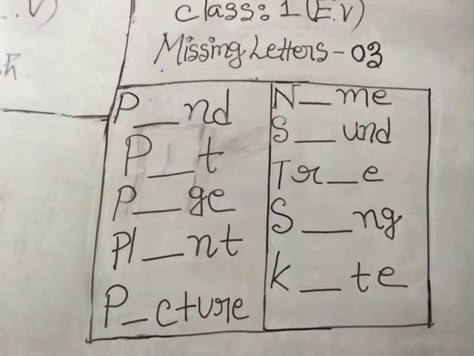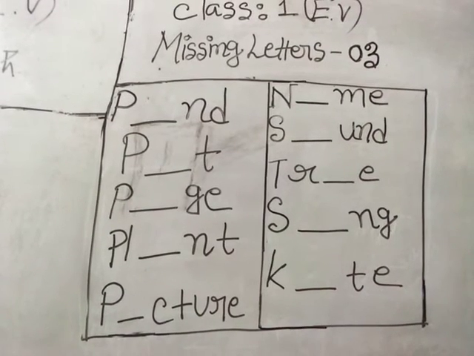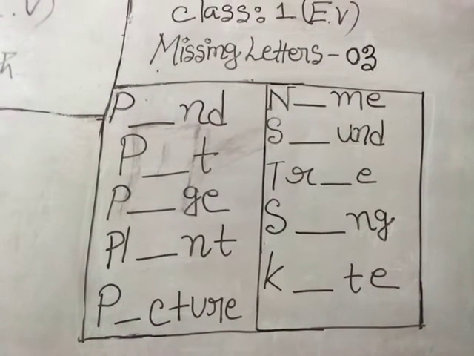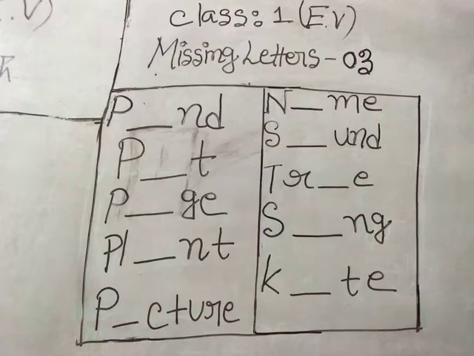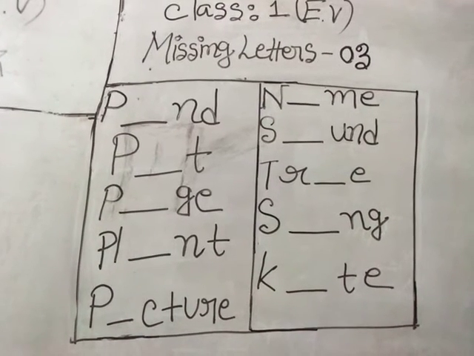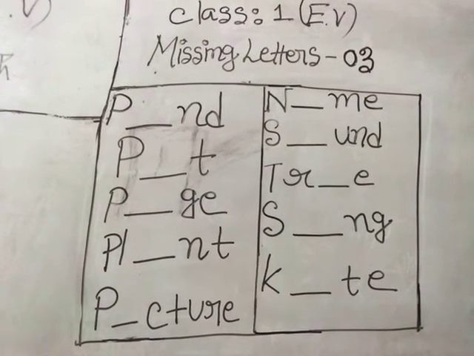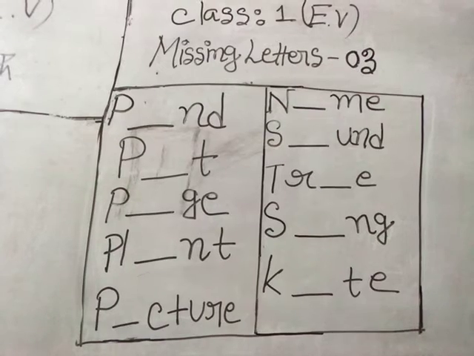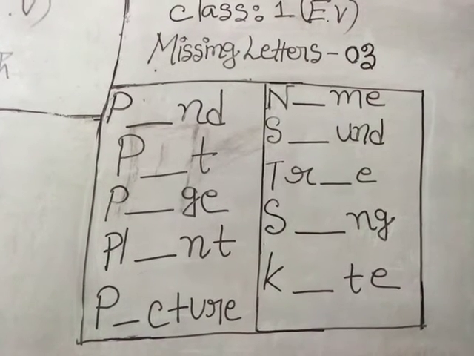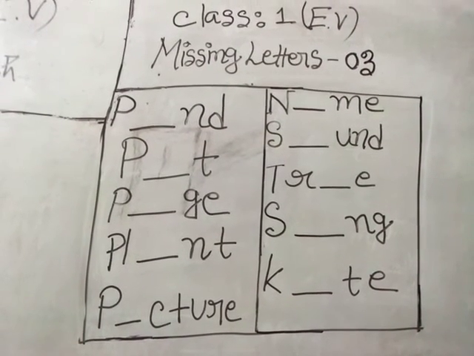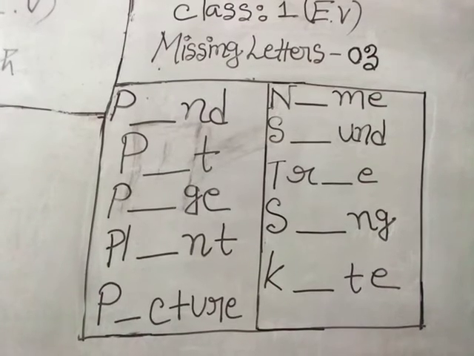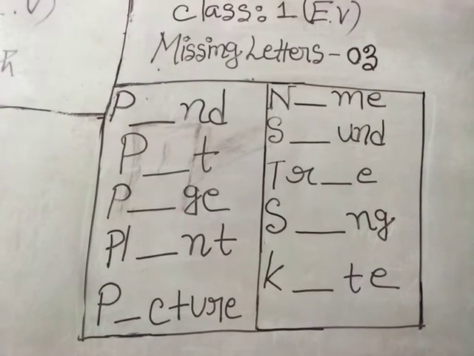So here in a box, I have given the rest of the words that I thought very important for you, and they are very common words. So I think you won't panic too much, or face any difficulty in solving these questions.